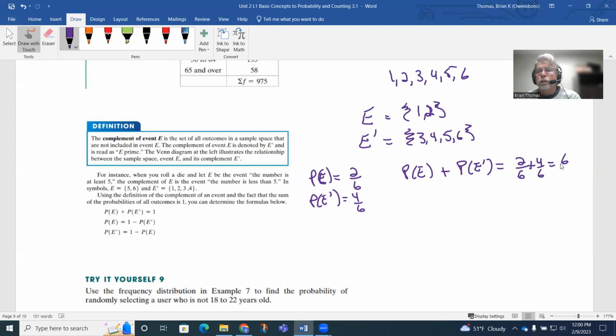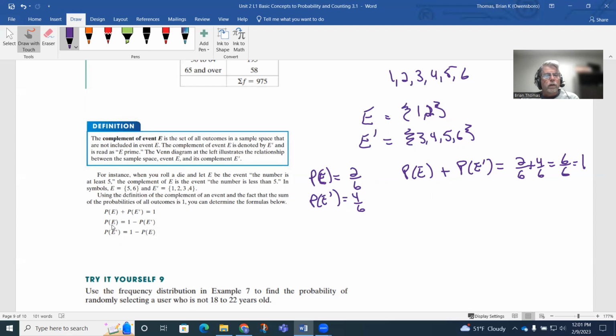Notice that's 6 out of 6. That's the whole sample space. In other words, that's got to equal 1. So the event and its complement will always add up to the whole sample space. In other words, the probability will be 1, because each one is a subset of the sample space.